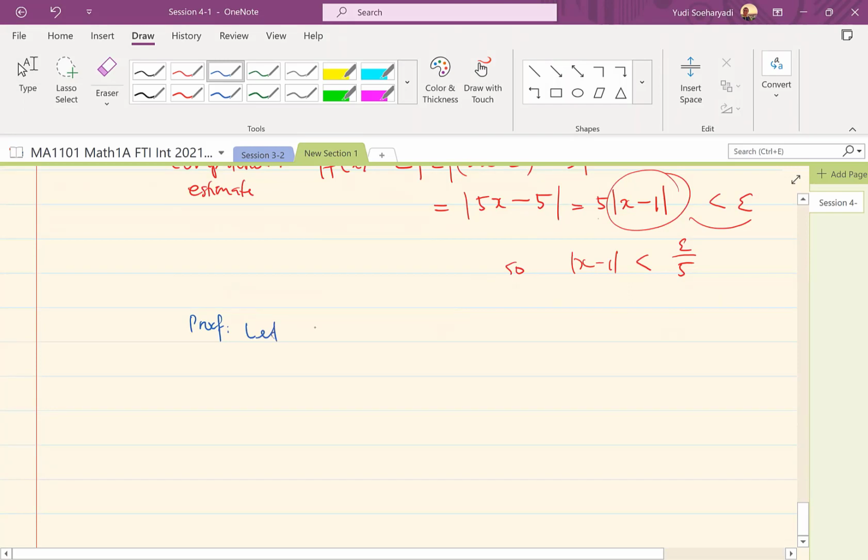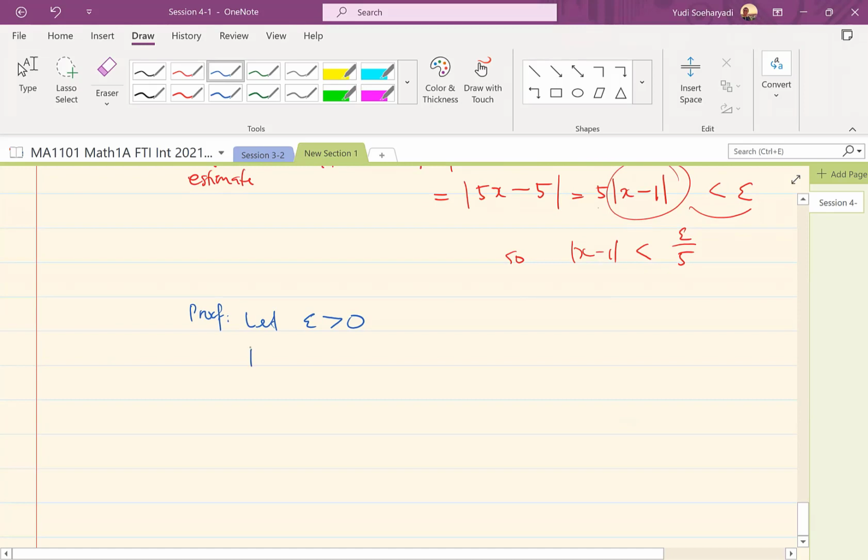So let epsilon be a positive number. All right. So what we need is to find delta, and what we say is that we pick delta equal to epsilon over 5. That's our delta.